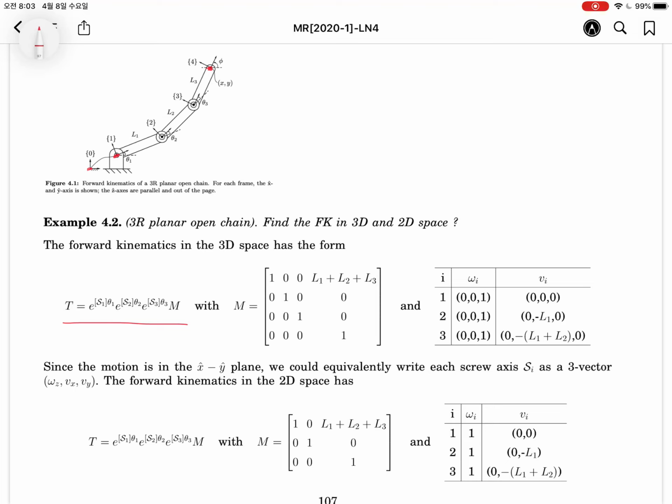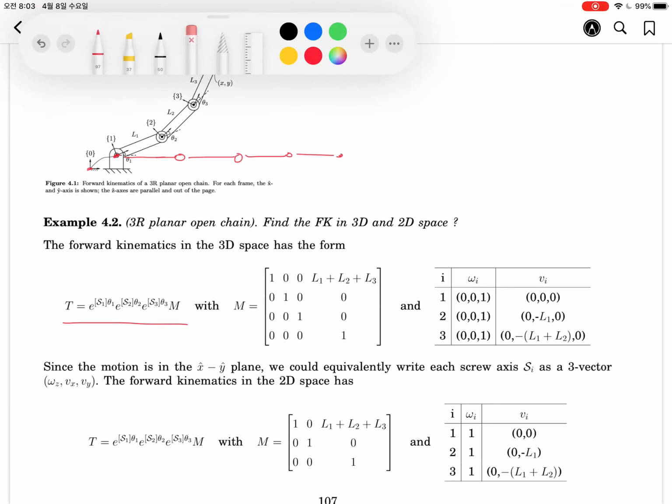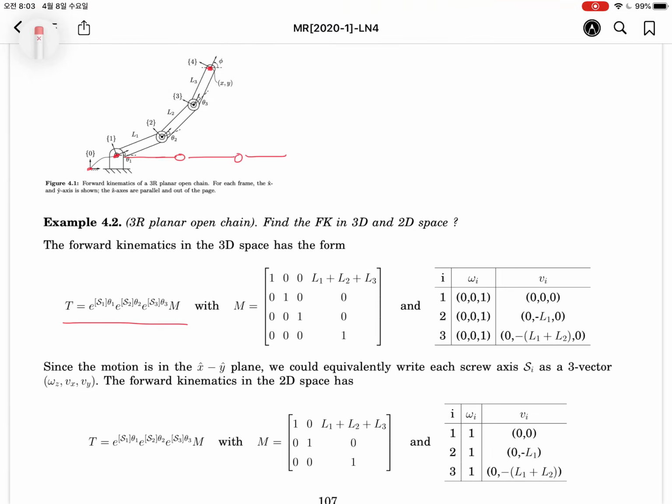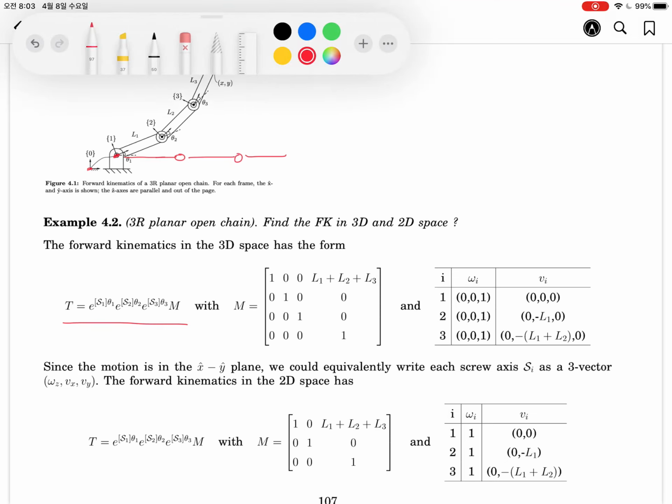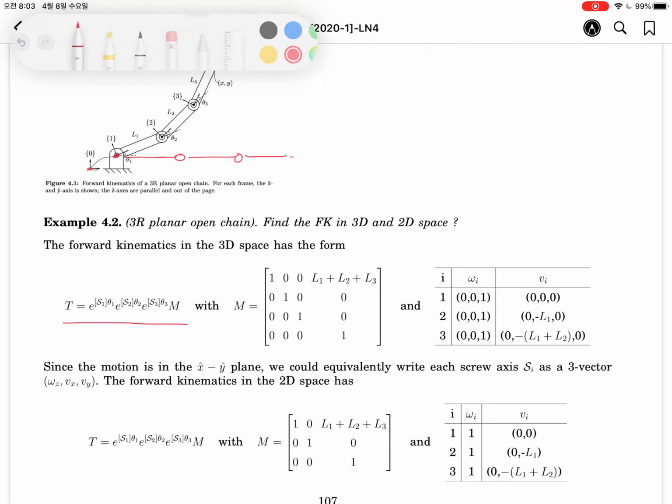Let's take the zero position, maybe this and this and here, so we can take this position X, Y, and Z. The orientation is the identity. So we can get the zero position computation like this.